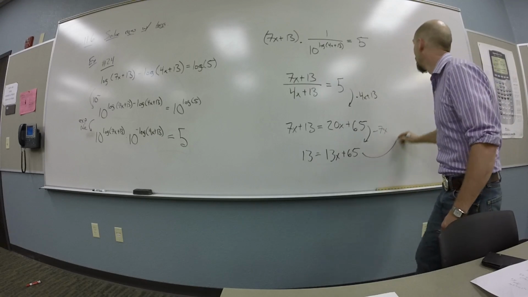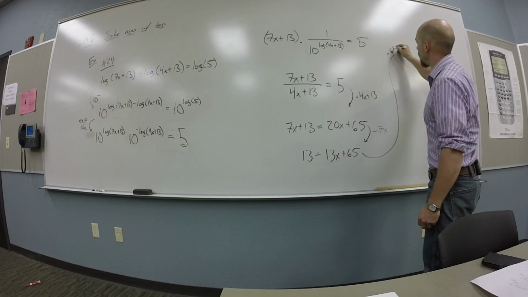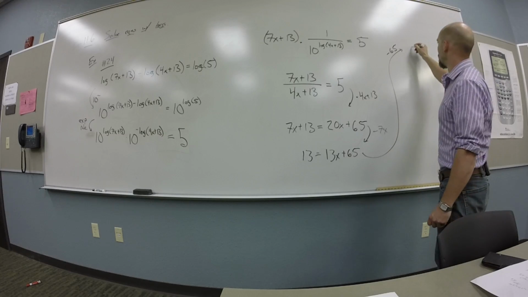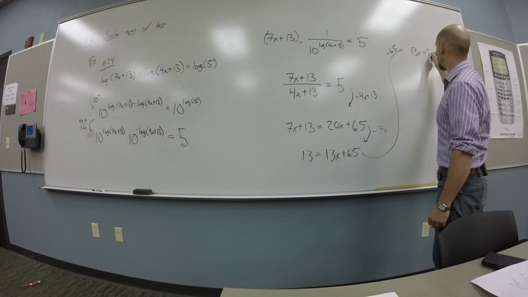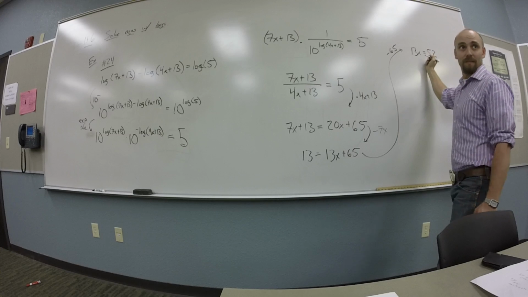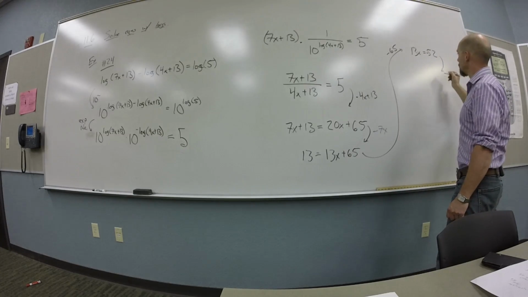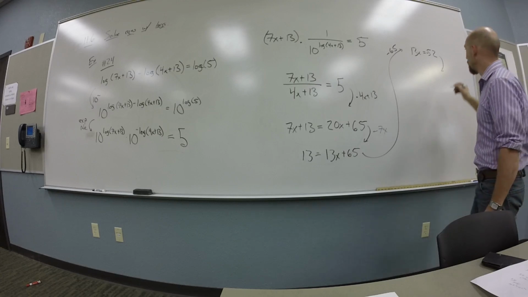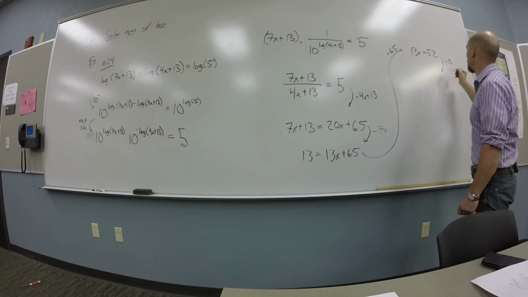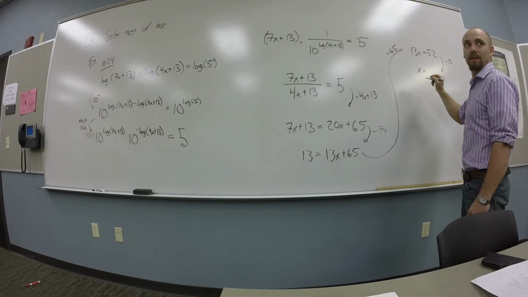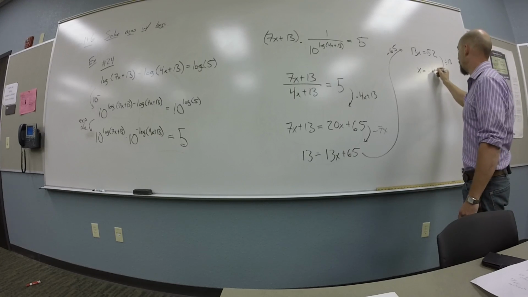Then I'll subtract 65 from both sides. So I'll get 13x is 52. Negative, thank you. And then I divide by 13. So I'll get x is negative 4.